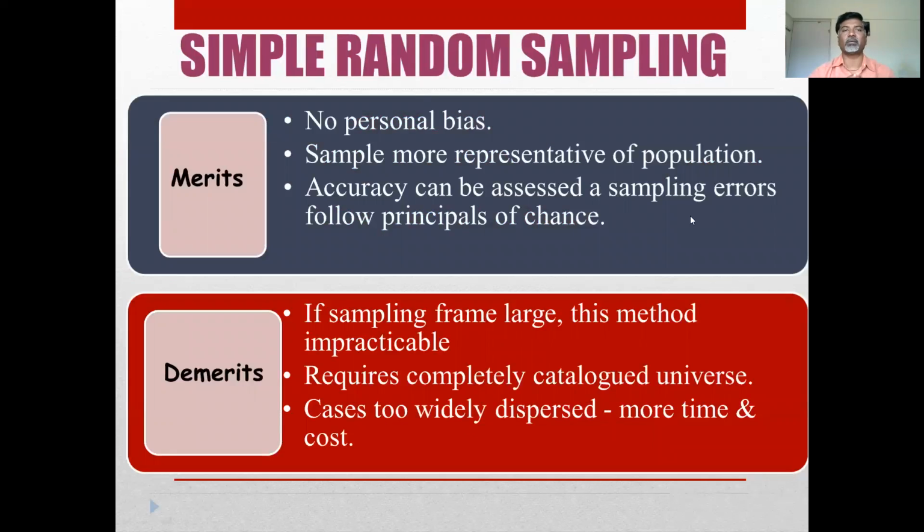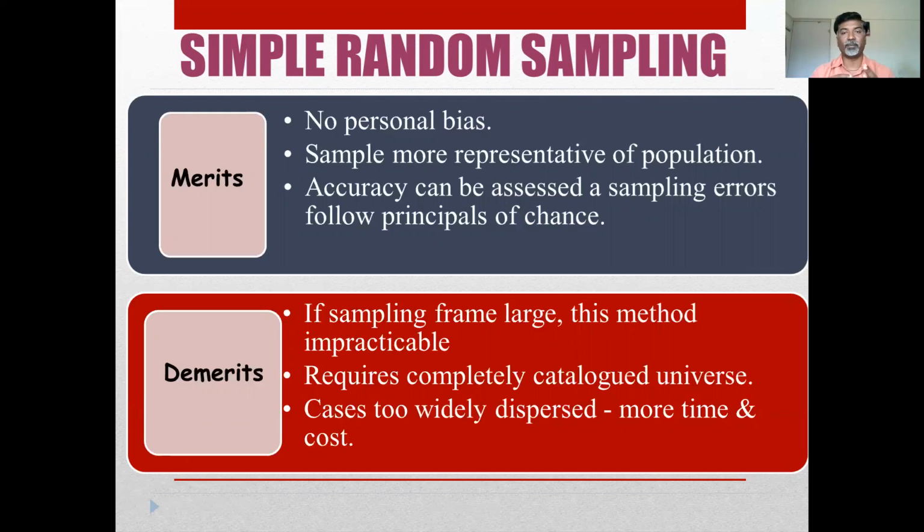This method has some advantages and disadvantages. The first one is that in simple random sampling, we select the sample randomly, so there is no personal bias. Also, this method is simple and more representative of our population, and accuracy can be assessed as sampling errors follow principles of chance. These are some merits, but it also has some demerits.